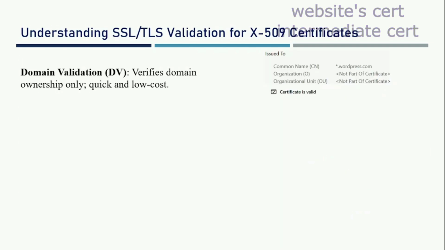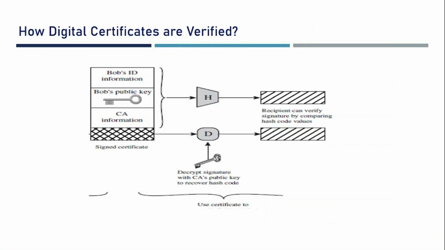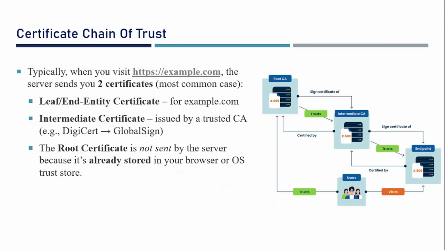Here you need to understand that there are three basic certificate types. Number one is a leaf or entity certificate, which is the certificate of the website that your browser actually contacts. Then there is an intermediary certificate, which is issued by a trusted certificate authority.